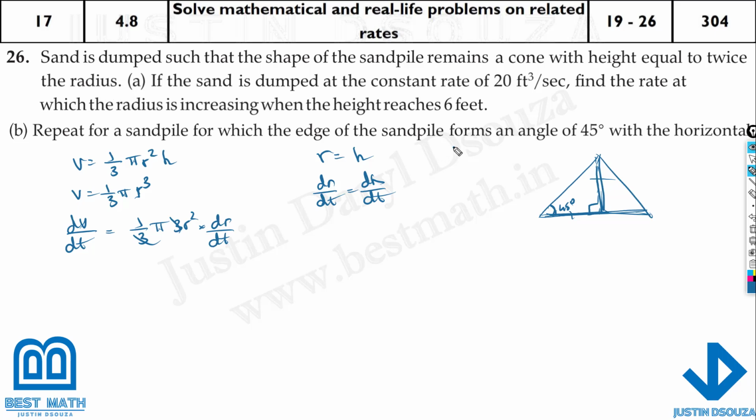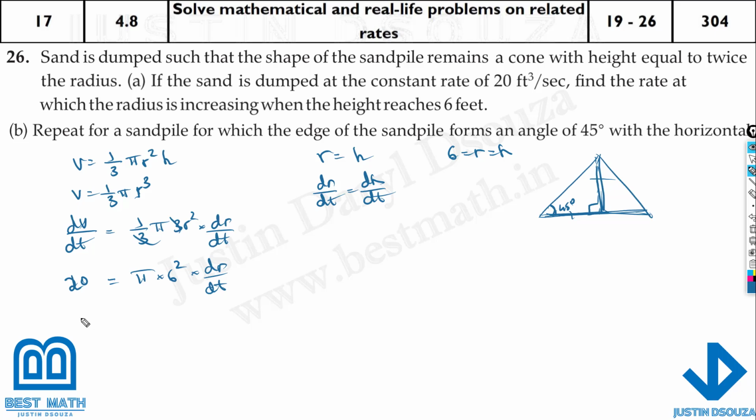Here if h is 6, then r is also 6. So we will just substitute the values here. The rate was 20, not 10. I'm sorry, it's 20 over here. They've given the rate of change of volume basically. That is equal to pi times 6 squared, and then we have dr by dt.